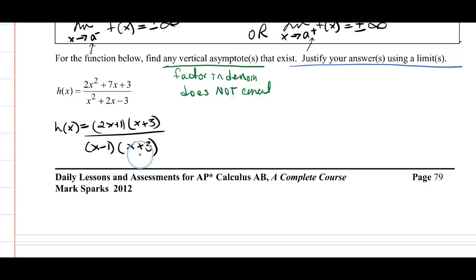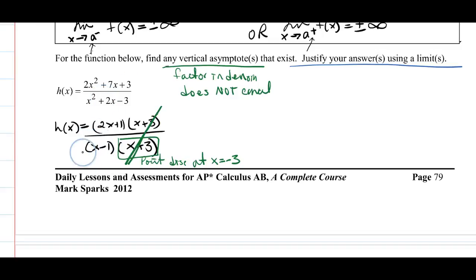Our factor that does cancel, that's our point discontinuity. So here we would say we have a point discontinuity at x equals -3, because that's what would make this factor 0. But that can cancel out. My function can still approach that value from both sides, whatever it would be.